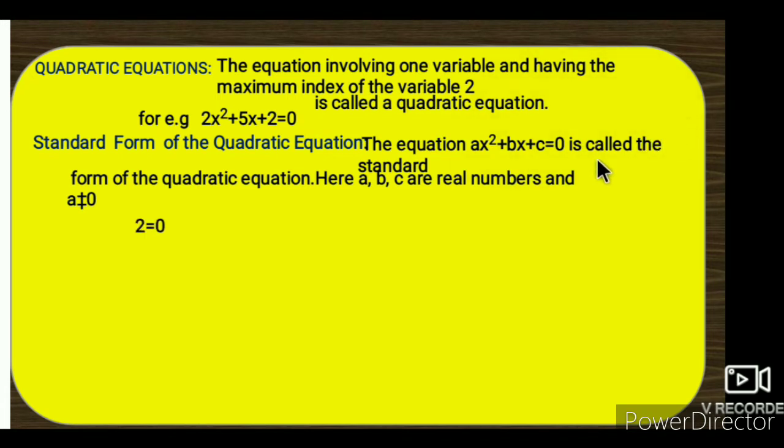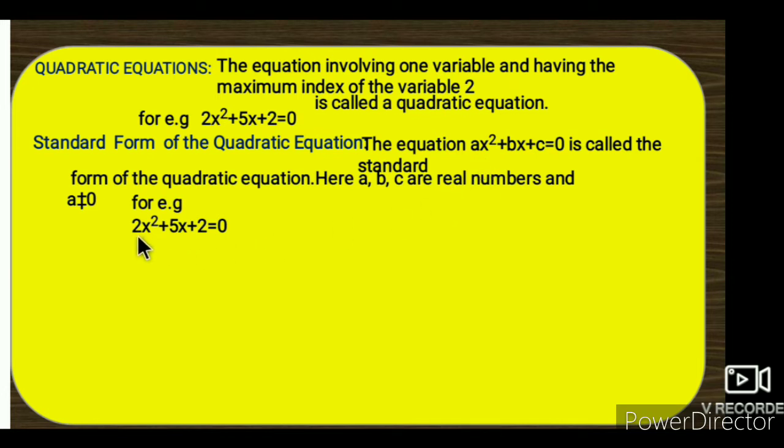For example, 2x square plus 5x plus 2 is equal to 0. The given equation is in standard form, meaning ax square plus bx plus c is equal to 0. When we compare this given equation with ax square plus bx plus c is equal to 0, we get the values of a, b, c.